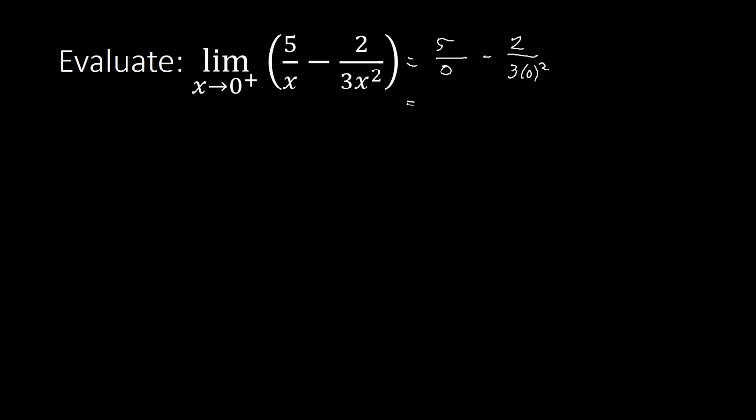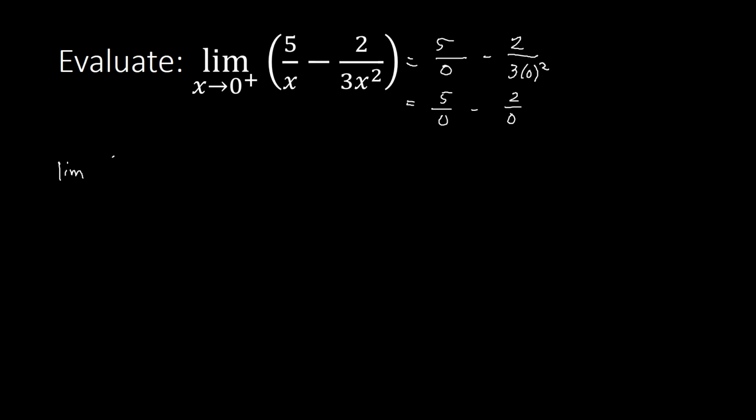This would lead to a 5 over 0 minus 2 over 0. So since both of them have a number over 0 pattern once we do the substitution, that would simply mean that we have to check what the limit will be if we choose a number from the right side of 0 that is very close to 0. So let's have that one here.